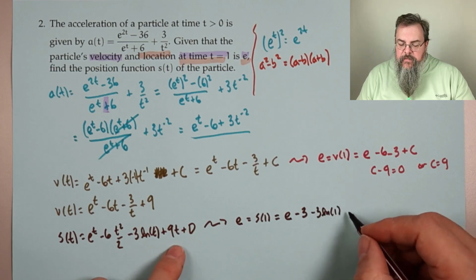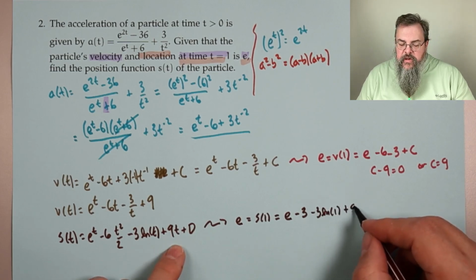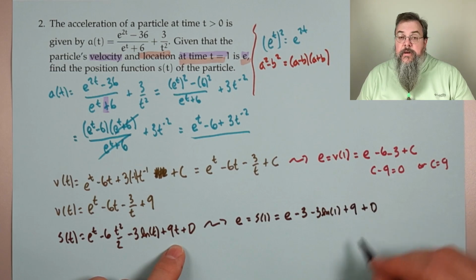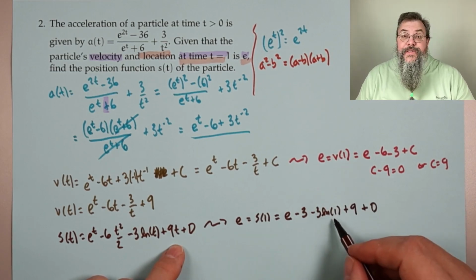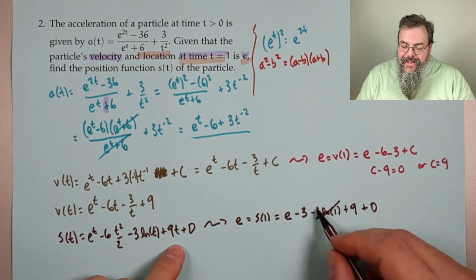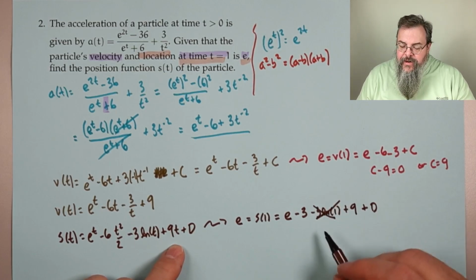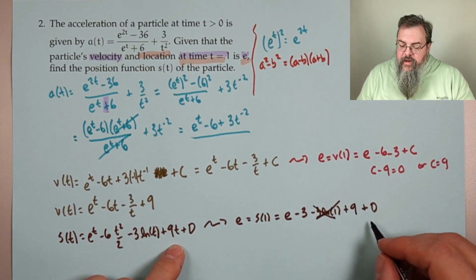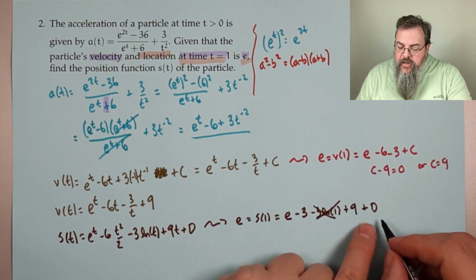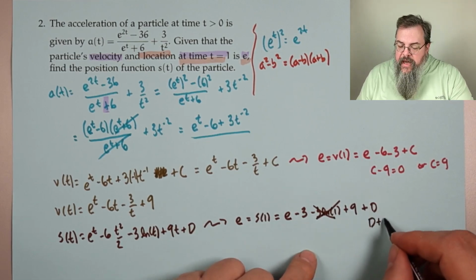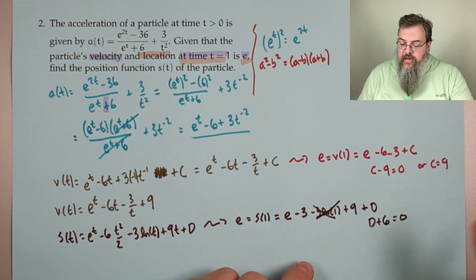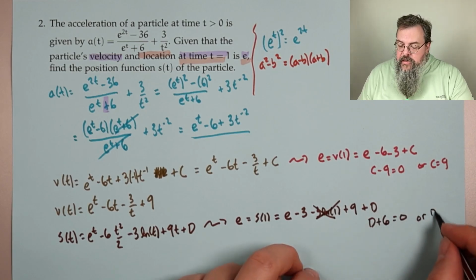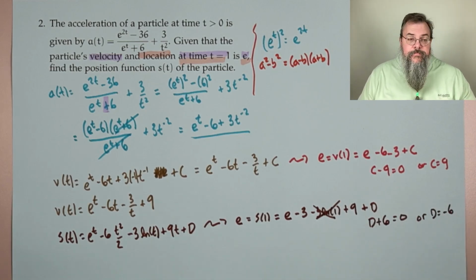We'll come back and clean that up in a second. Plus 9 plus d. Now the e's cancel. Log of 1, 0, gone. And so when we simplify, this says, hey, if you take d and add 6, you get 0. 9 minus 3 is 6. Or d is negative 6.